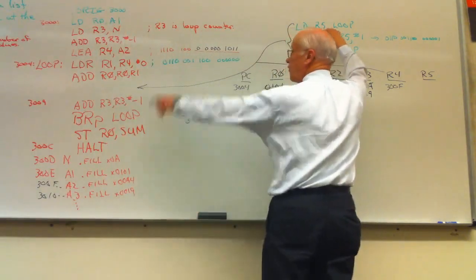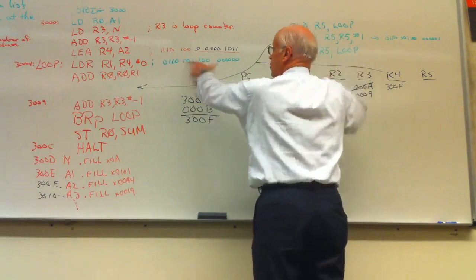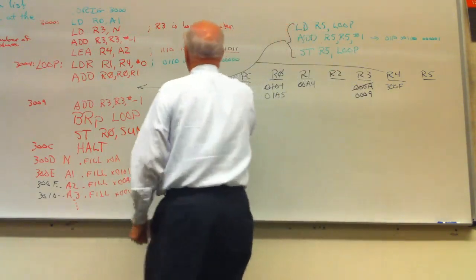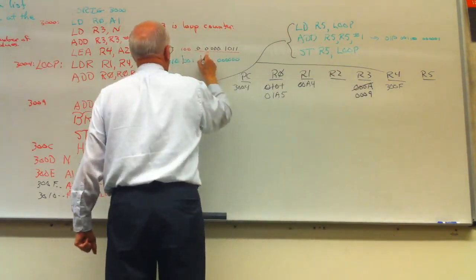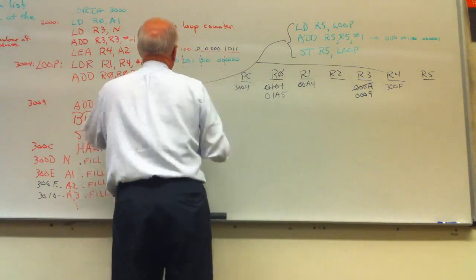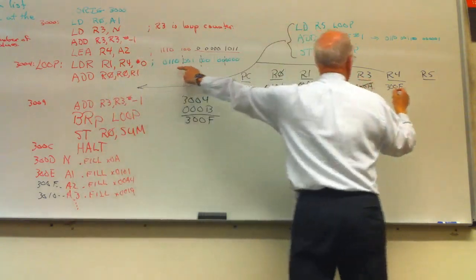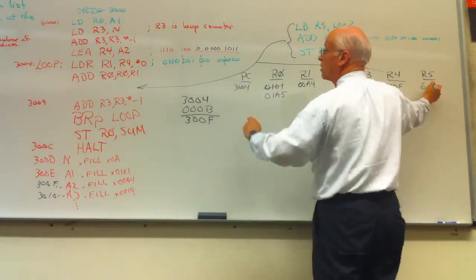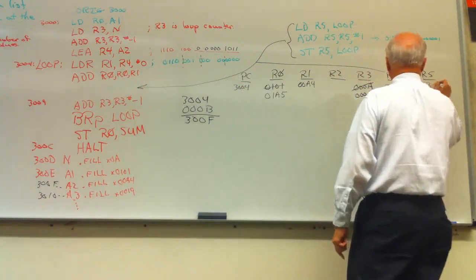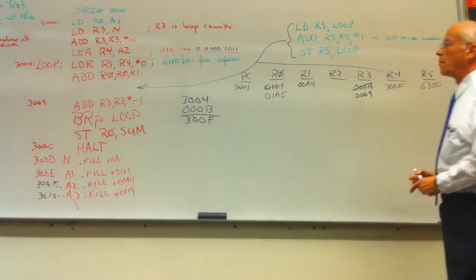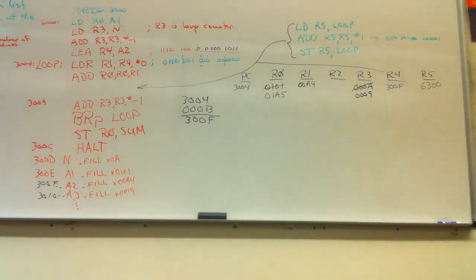Now we load register 5 with this thing. Let's see if I can get that into hex. It's 6300. Emphasize again, yeah, it's an instruction, but it's still just a bit pattern.